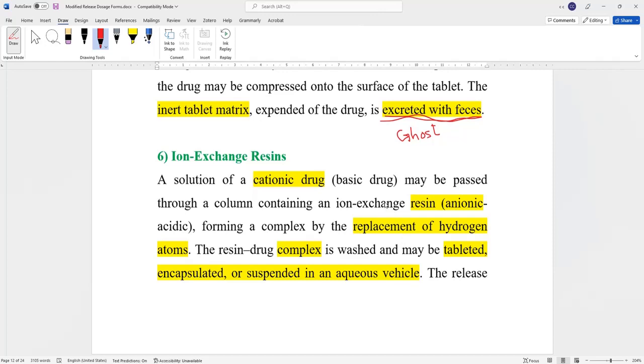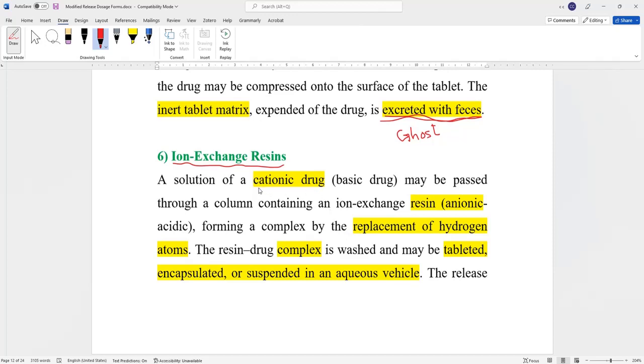Okay, example number 6 is referred to as ion exchange resins. Now, what happens in this technology to prepare extended release tablets?